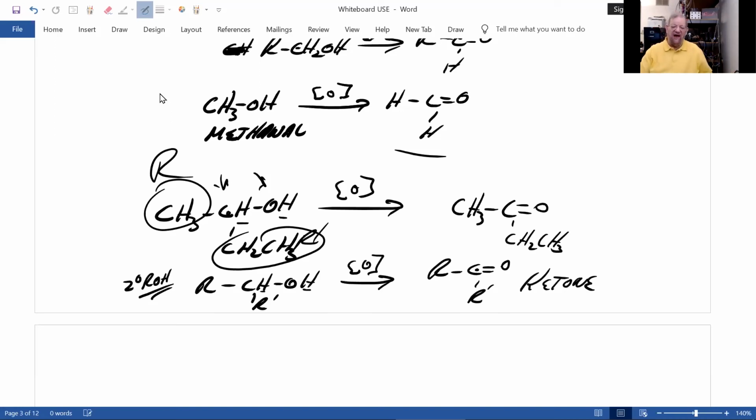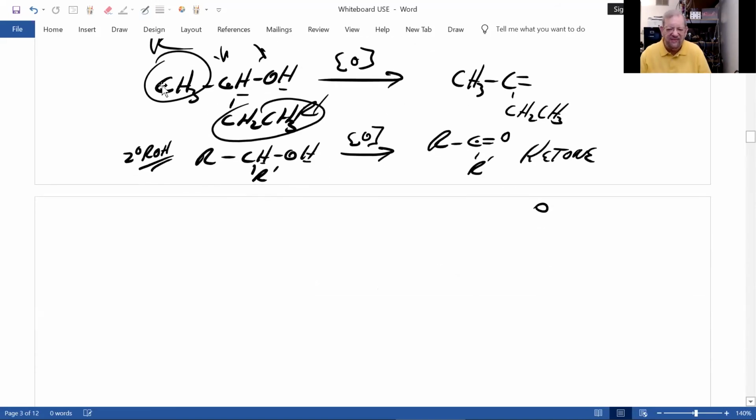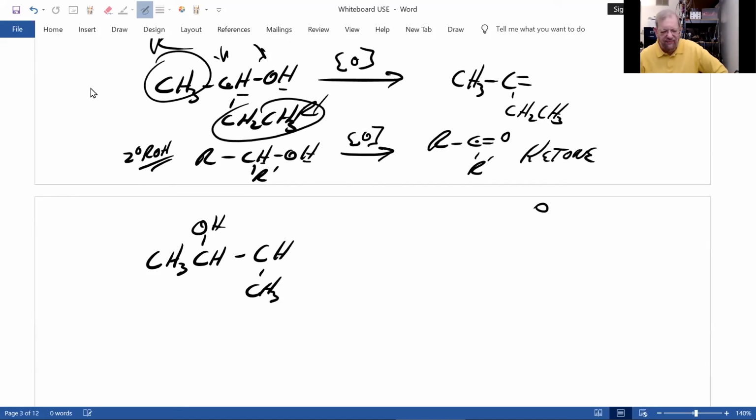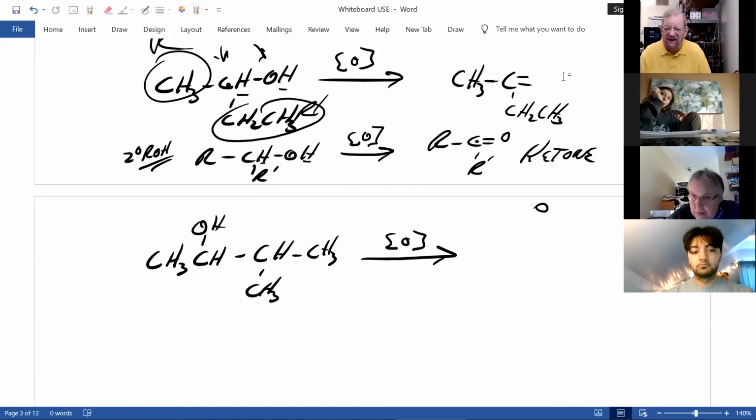And you get that ketone. Why don't you try this one on your own and have some fun? What would be the product or products for the following reaction?